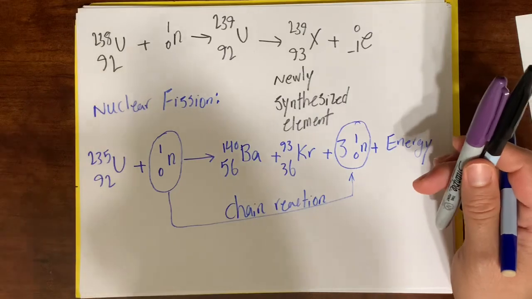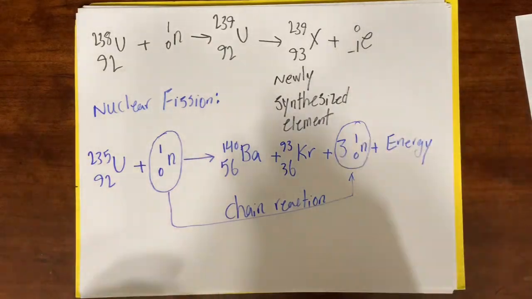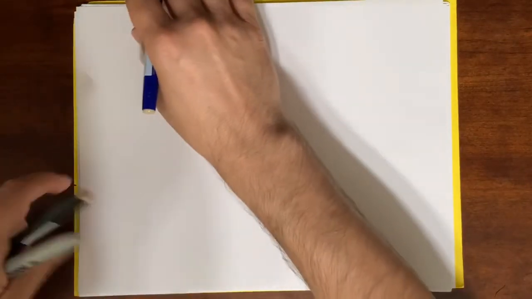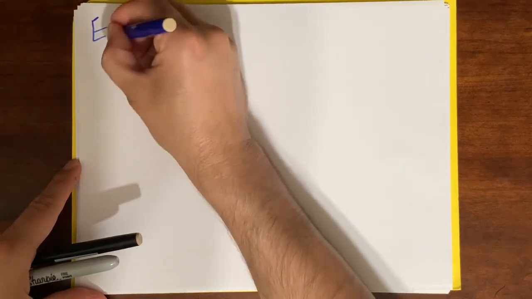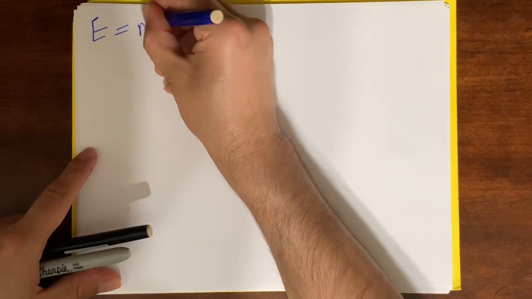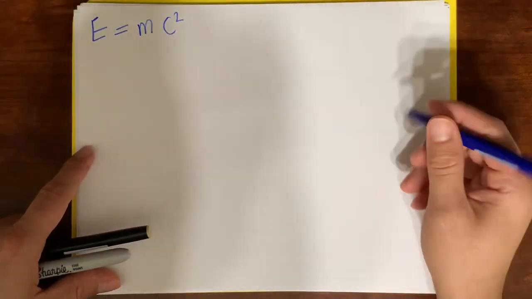Okay. Now, I will start a subject that is related to Albert Einstein, or the Einstein formula. The formula that he came up with says E equals mass multiplied by the square of the velocity of light.